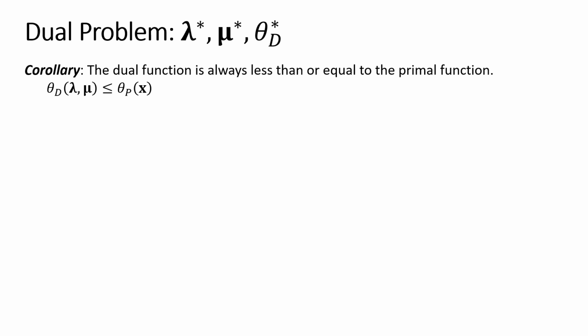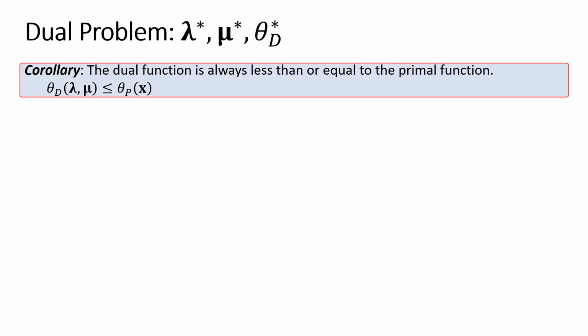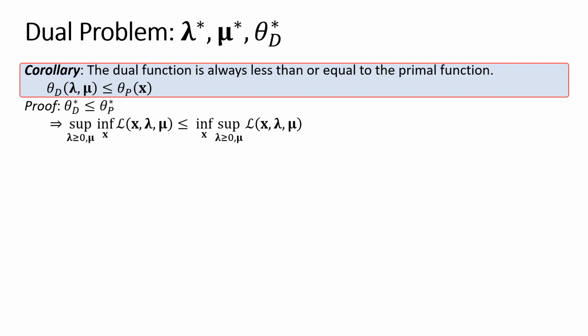As a corollary to the previous theorem, we have that the dual function is always less than or equal to the primal function. Theta d of lambda, mu is less than or equal to theta p of x. Proof. We start with the theorem. So we just showed that theta d star is less than or equal to theta p star, whence the supremum of the infimum of the Lagrangian is less than or equal to the infimum of the supremum of the Lagrangian.